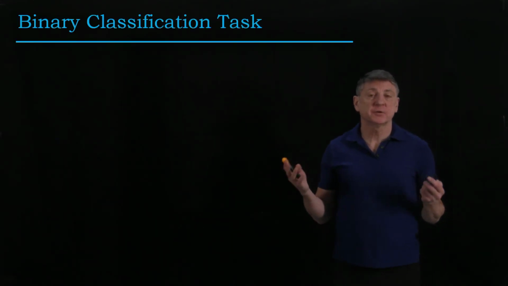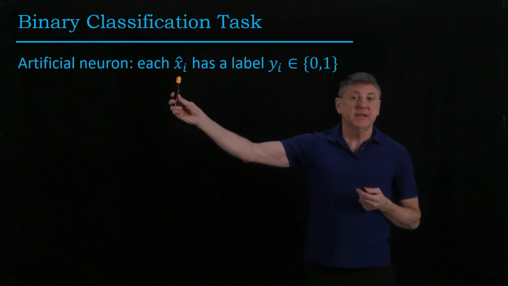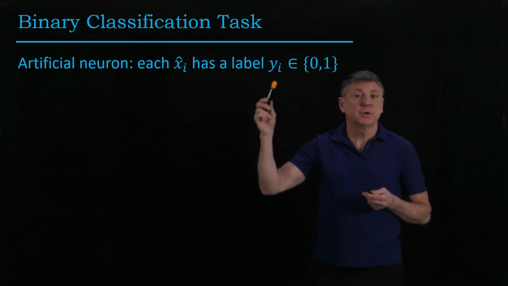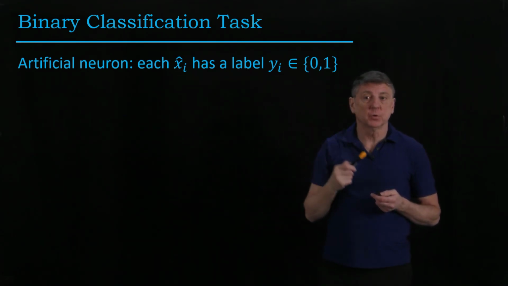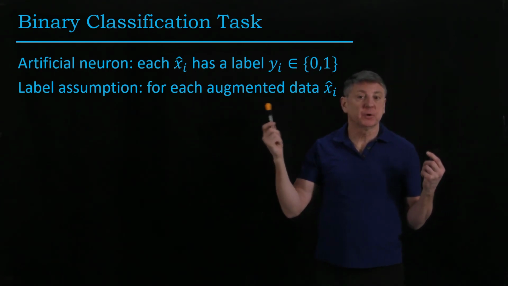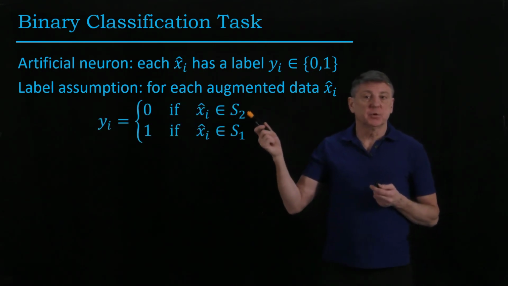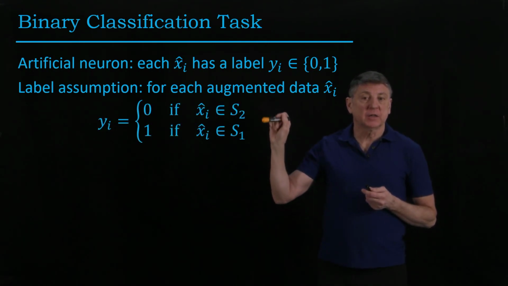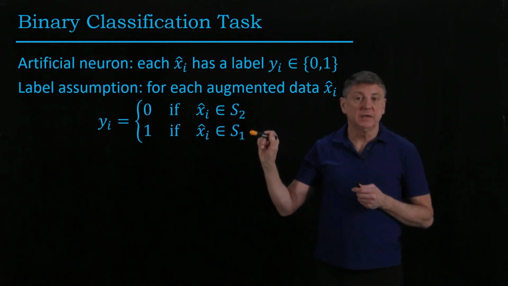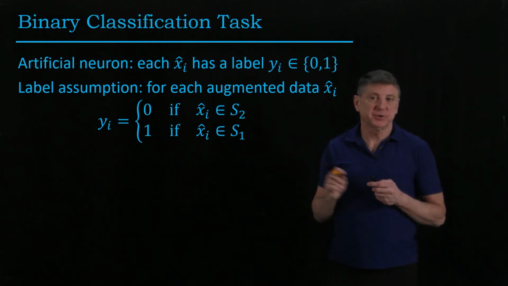Let's summarize binary classification in the context of our simple model of an artificial neuron. What we have is data coming in, and each one of these data has a label that's either 0 or 1. And the assumption is that we have this label for every augmented data vector that we have. This label is going to be such that the data are classified as being in set 1, provided that label is 1, and otherwise they're not in set 1, and we'll just say they're in some other set 2.